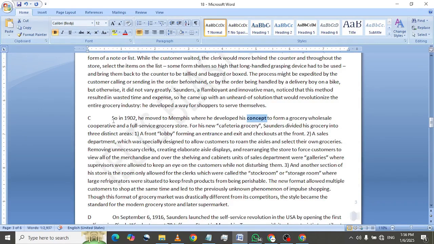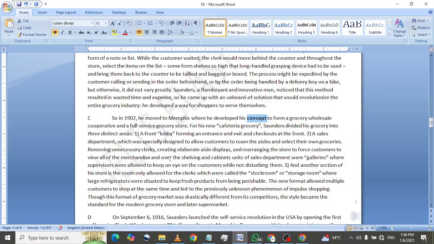Let's read all over again. In 1902, he moved to Memphis, where he developed his concept to form a grocery wholesale cooperative and a full-service grocery store. For this, Piggly Wiggly grocery, he divided the grocery into 3 stages.